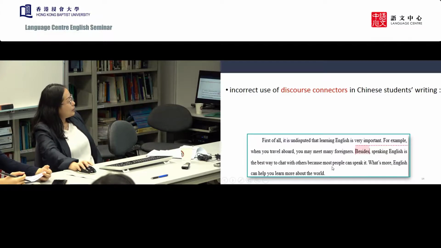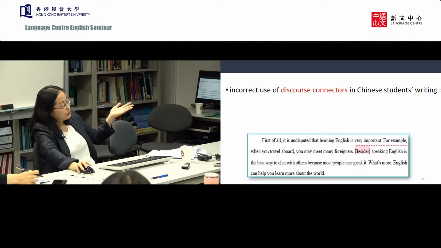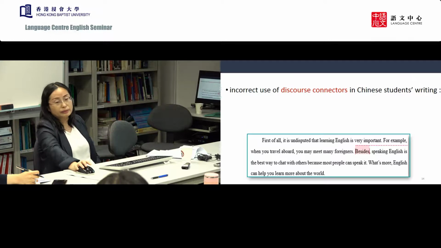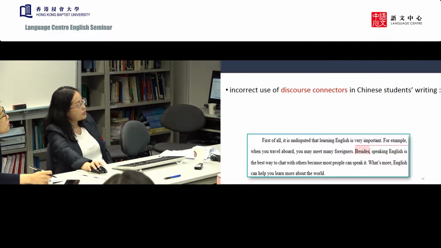Let's look at this passage written by our students. Here you can see that besides is marked as wrong use, but here it's more appropriate to use in addition, right? But why do Chinese students seem to prefer using besides a lot?